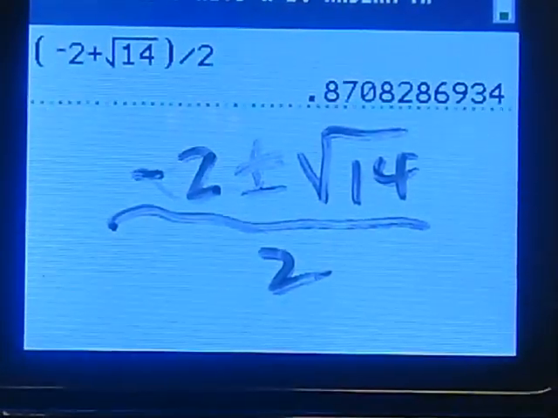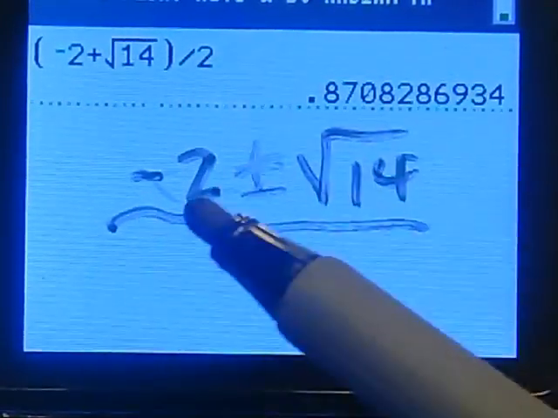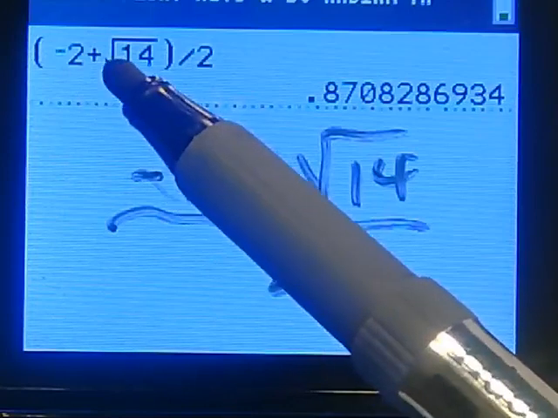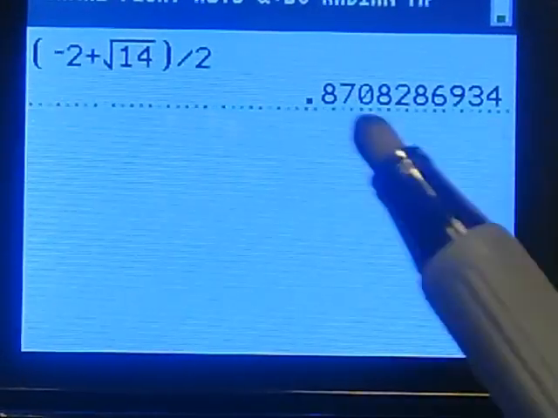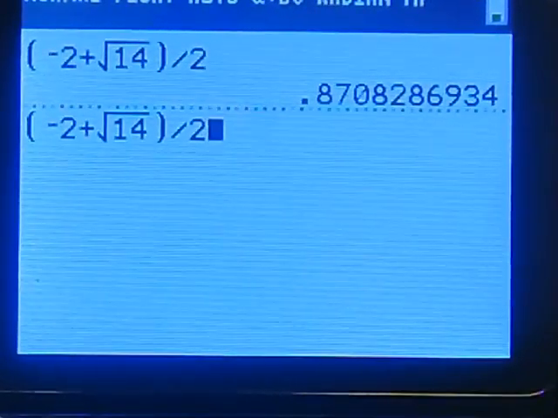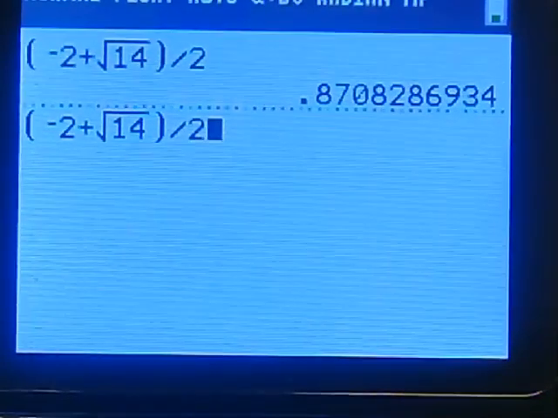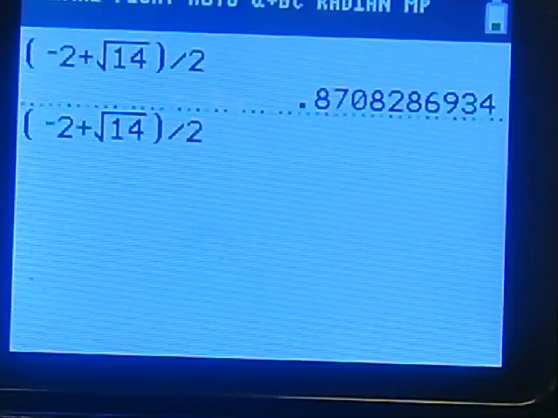If we look back at what we had originally, it was plus or minus. So I'm going to go up here and I'm going to change this original problem and put a minus sign in there. Let's get this off the screen here now. Let's put a minus sign in there, and I'm going to do that by hitting second entry, and it made the equation live again. And I'm going to go over here and replace the plus sign with a subtraction sign.